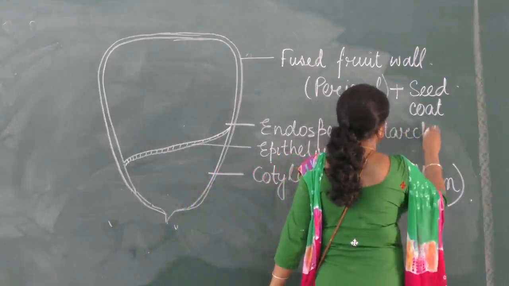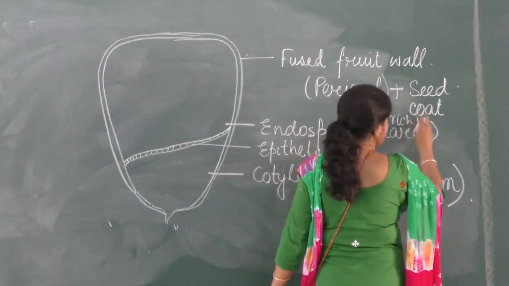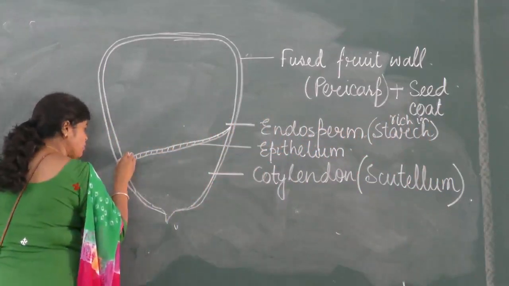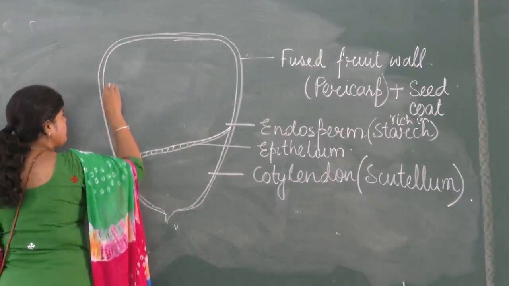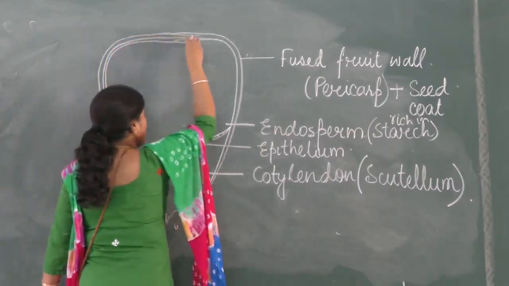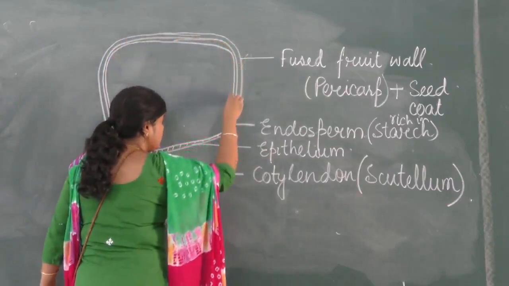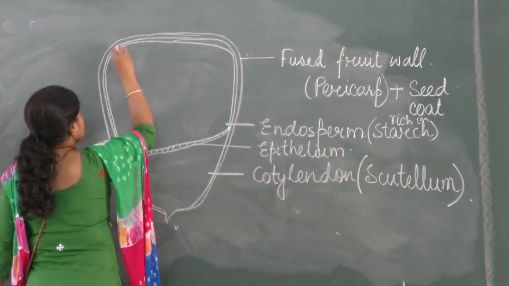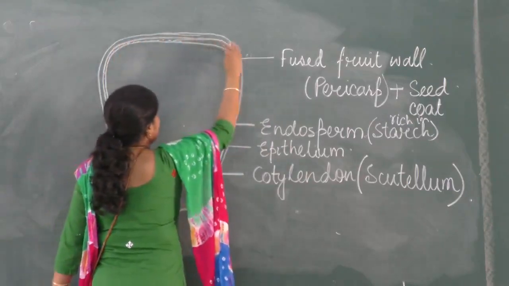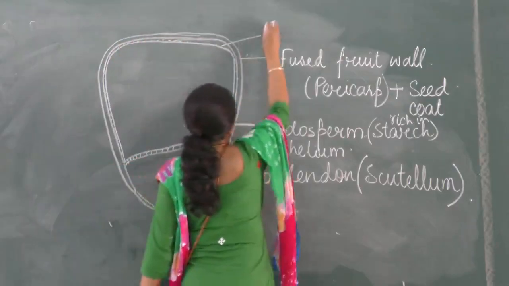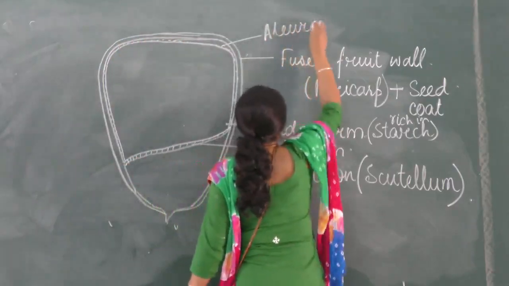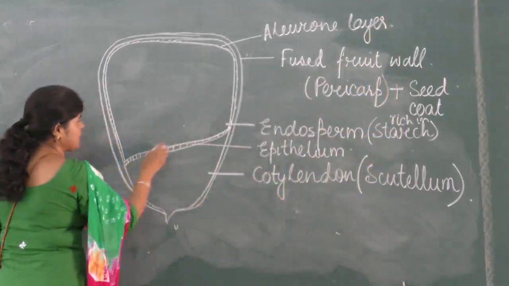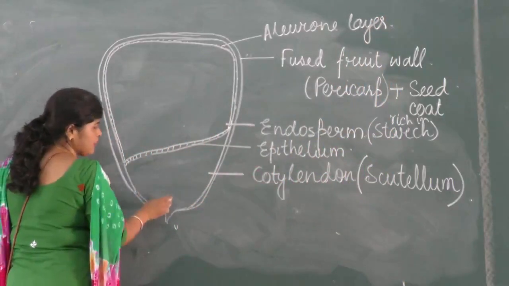The outer margin of the endosperm is lined with a protein layer, and we call it the aleurone layer. This is not present in the epithelium part. This is not present in the cotyledon part.